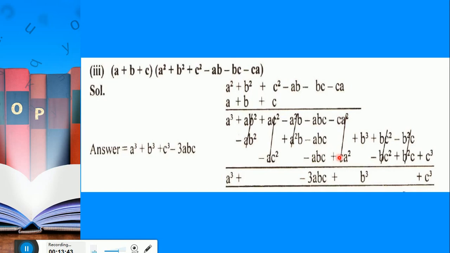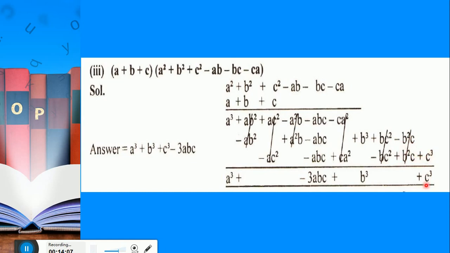It's just like plus 2 and minus 2; 2 minus 2 is equal to 0. So they cancel with each other. And b cube as it is, and plus bc square and minus bc square cancel with each other. Minus b square c and plus b square c, due to opposite signs, cancel with each other.